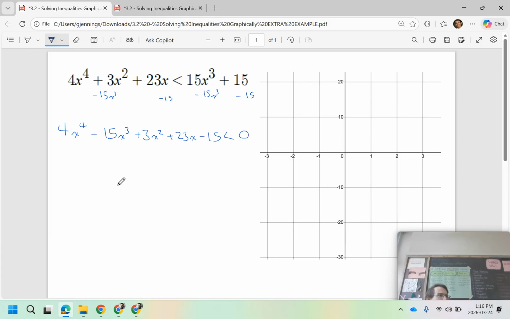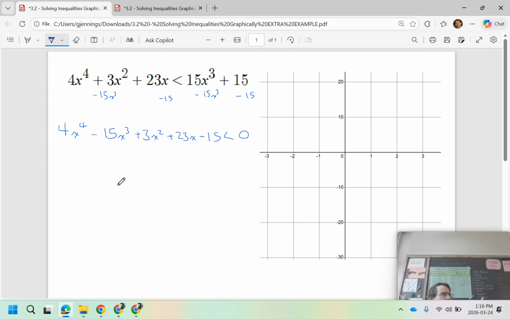Okay, so that's a good first step. Now, if this was an equation, it could tell us where the function was exactly equal to 0. But before we get there, what degree is my function? It's 4th degree. Is that even or odd? Even. What can you tell me about the end behavior of this function? Yeah, we're doing this dance.